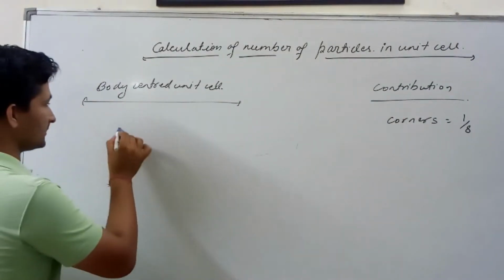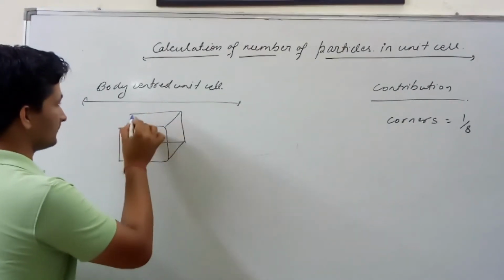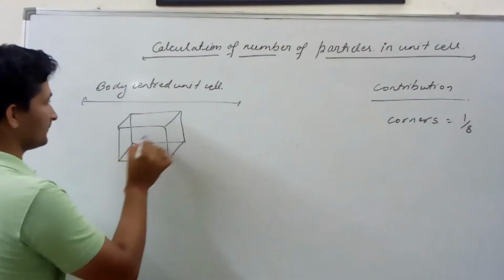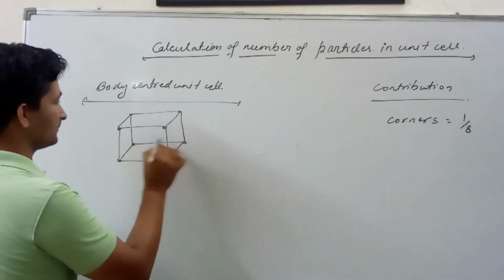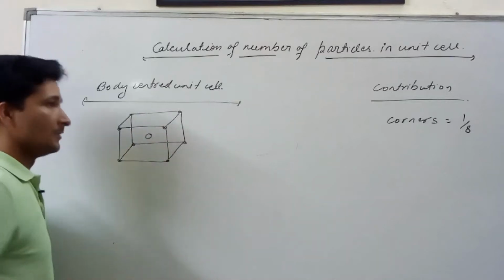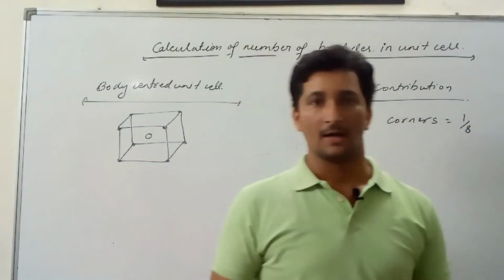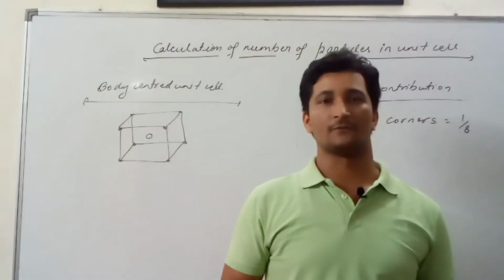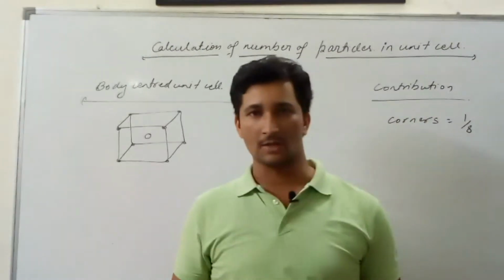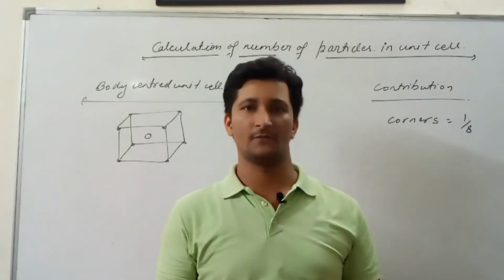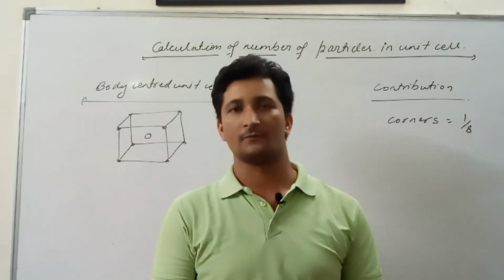In a body centered unit cell, eight particles are present at the corners and 1 is present inside the unit cell at the center. How can we find the center of the unit cell? We have to draw 2 body diagonals, and the point where the body diagonals intersect each other acts as the center of the unit cell.